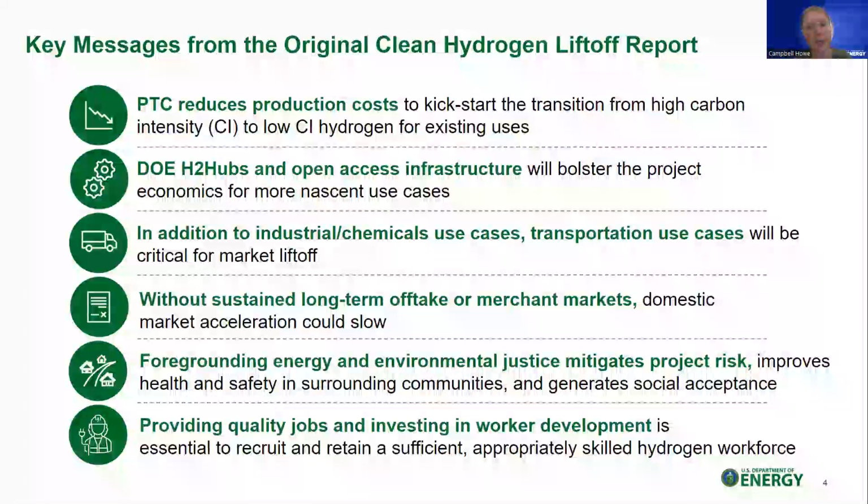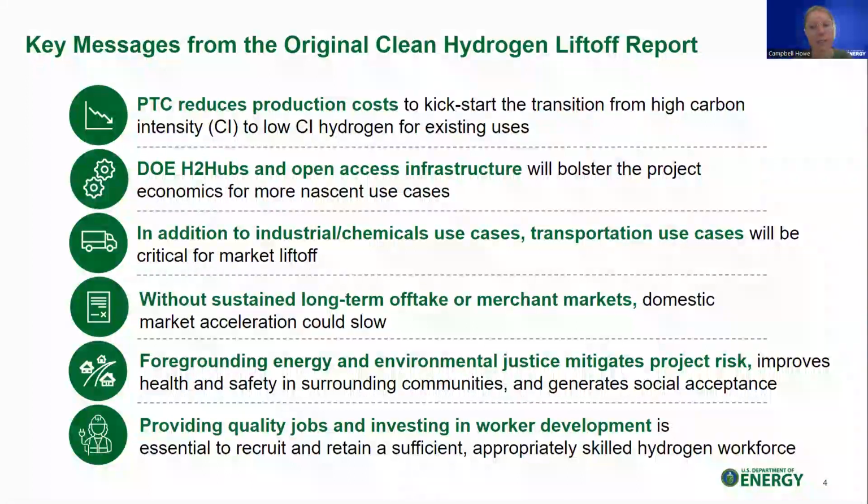The 45V production credit will have a meaningful role to play in liftoff, regardless of how it plays out. It will ultimately reduce production costs and accelerate our transition from high carbon intensity hydrogen, often called gray hydrogen, to low carbon intensity hydrogen, often a variety of different colors, including blue and green.